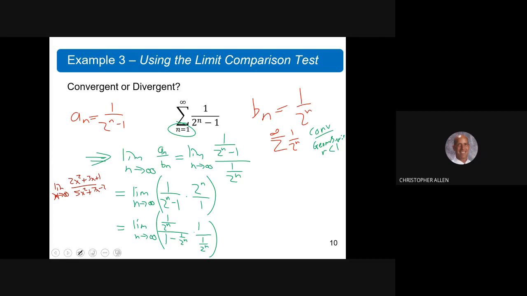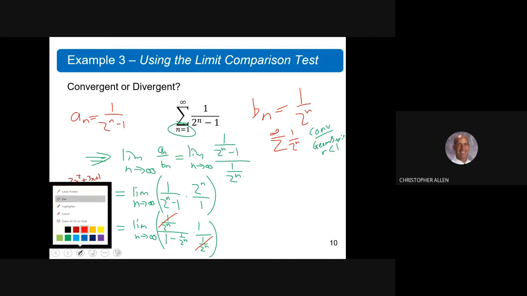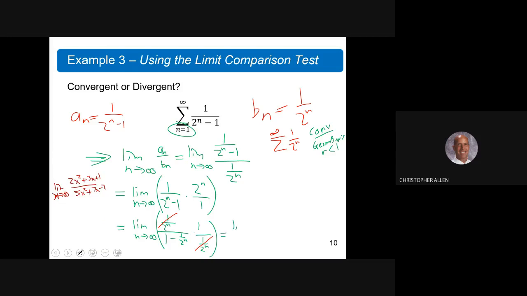So all I did is I divided everything through by 2 to the n, which was the highest power. You'll notice that this term and that term is going to cancel. So that gives us the following. And guys, I'm showing all the steps here just to make sure that there's no confusion on how I got this limit.